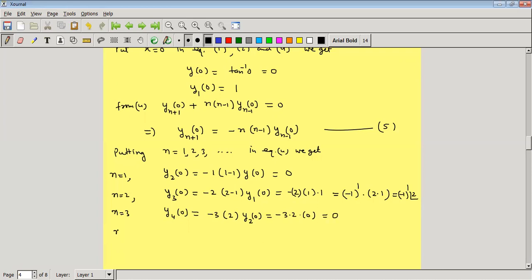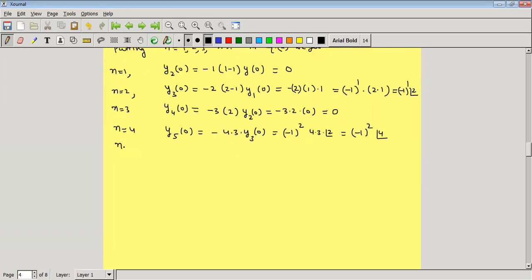For n equal to 4, y5(0) is equal to minus 4 into 3 into y3(0), and y3(0) is equal to minus 1 to the power 1 into 2 factorial. So we already have minus 1 here, so I can write minus 1 to the power 2 into 4 into 3 into 2 factorial. That is nothing but 4 factorial. Minus 1 to the power 2 into 4 factorial.